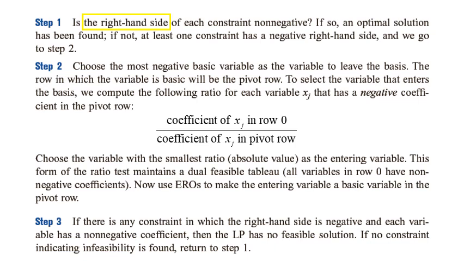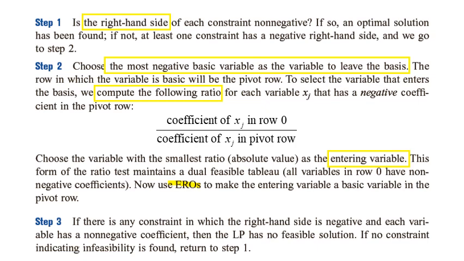And in step 2, first we need to determine the leaving variable. Then we perform ratio test such that we know which variable becomes the entering variable. Then we will perform ERO as usual to make the entering variable enter the basis and then put the leaving variable out from the basis.